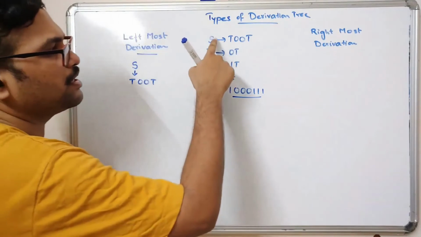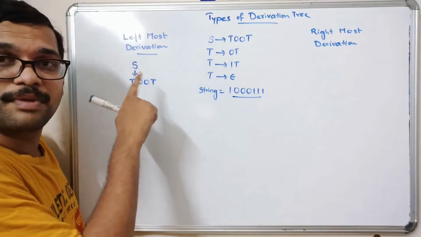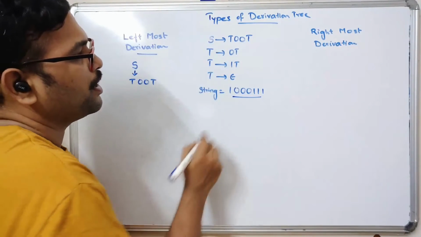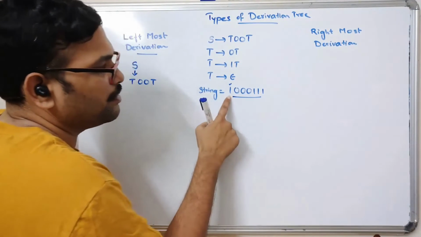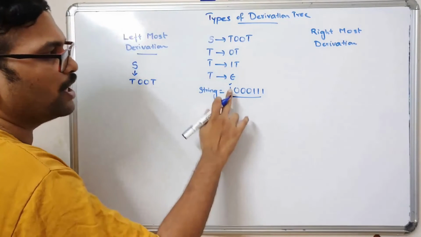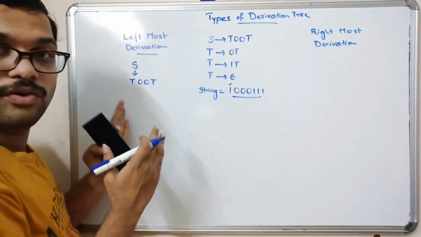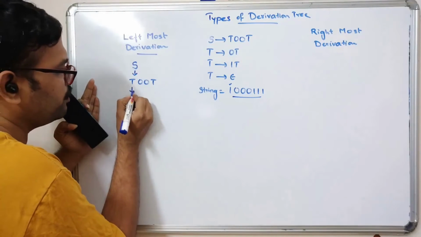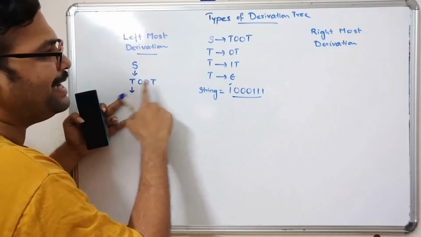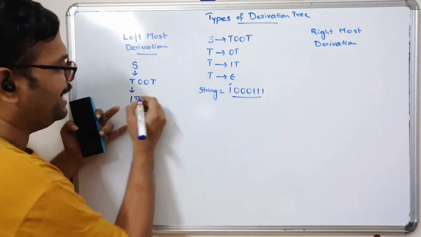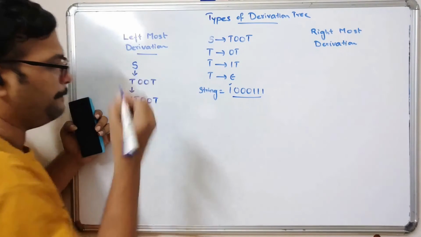First, let me consider S. I will start with the start symbol S, and S is substituted with T 0 0 T. Now, the first symbol in the string is 1, so it will be derived from the leftmost. Leftmost means this one. First we need to derive this one. So we can apply T with 1T because the string starts with 1. So 1T 0 0 T.